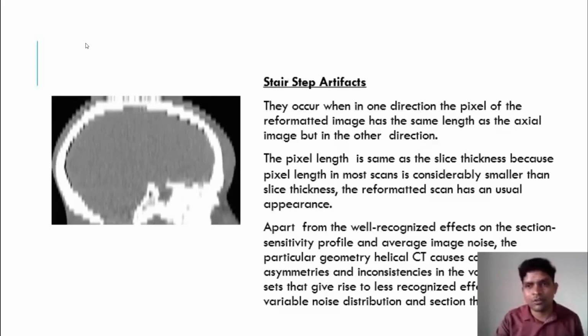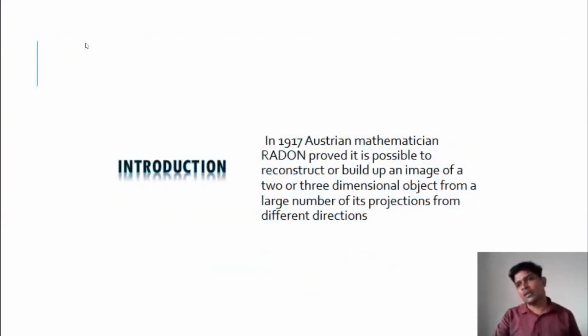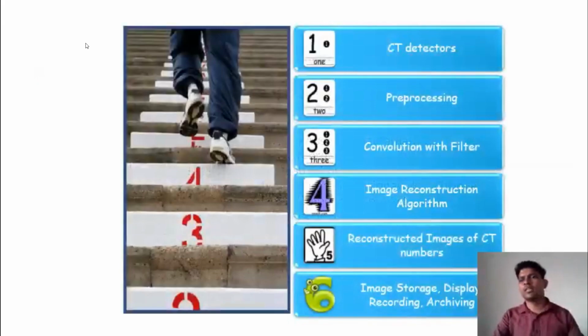I think you understand. So what are the pre- and post-processing techniques? This reconstruction technique comes from the Austrian mathematician Radon, who in 1917 proved that image reconstruction is possible. So what steps take place? First is the CT detector.